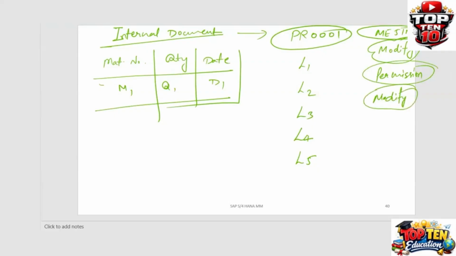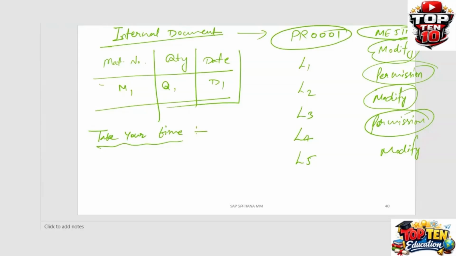Go to your manager. If any other permission, take that permission. Again, modify. Means take time. Take your time. It happens. Nothing will be done in a hurry, nothing will be done in a very fast way. It takes time. We need to consult each and every department. Then we can create one external document.